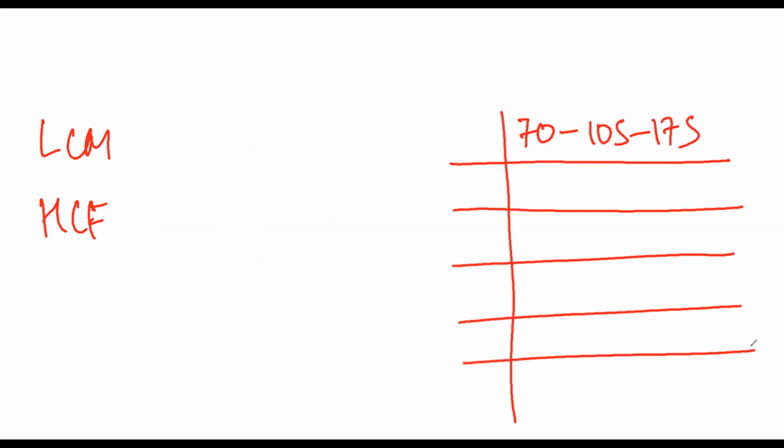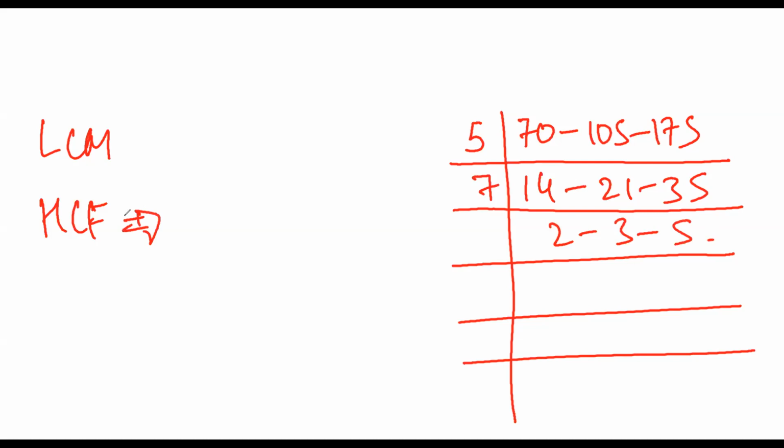Sir, 5. Yeah, 5 is the easiest choice. I can see that they are divisible by 5. What is the second number? Sir, 7. Is there any other common factor? No, sir. What would be the HCF? Sir, 35.